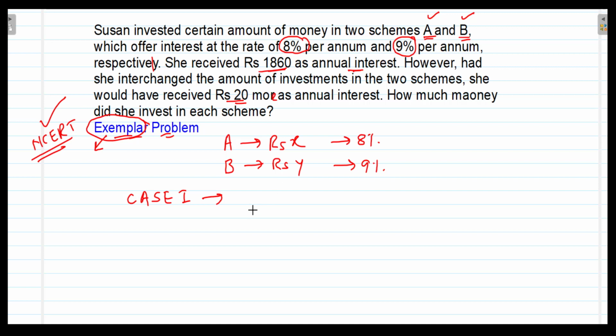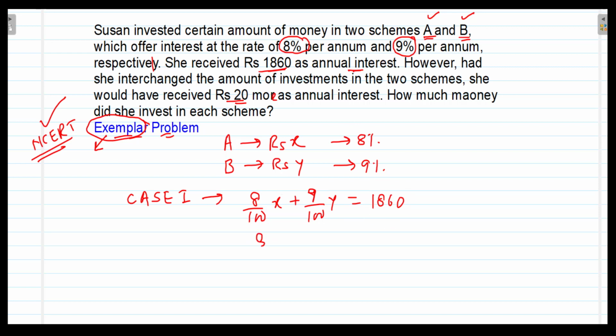So we get the equation as 8% of X plus 9% of Y is equal to 1860. This is the interest received from scheme A, this is the interest from scheme B, and the total interest is 1860.